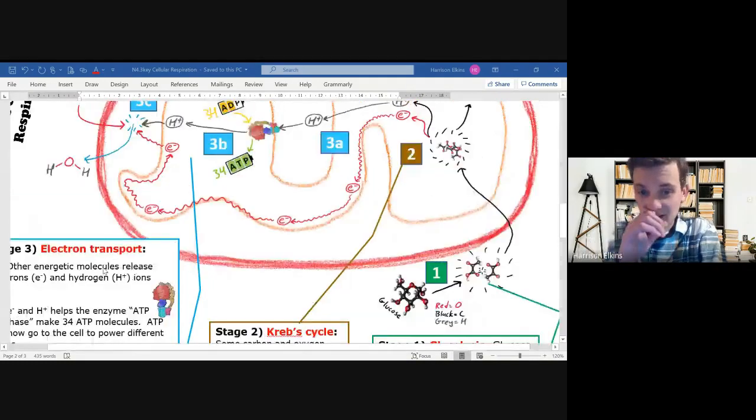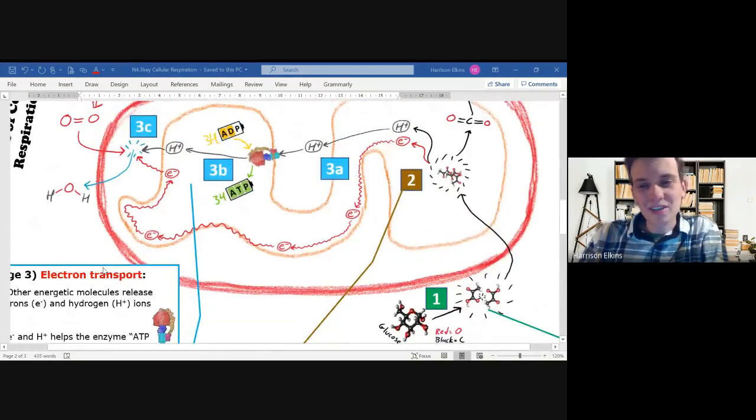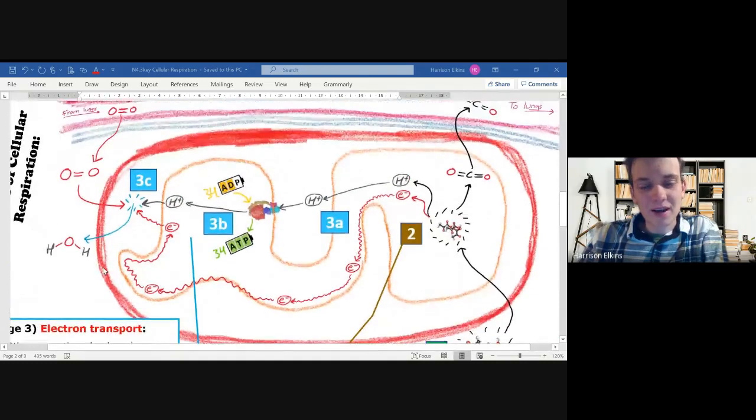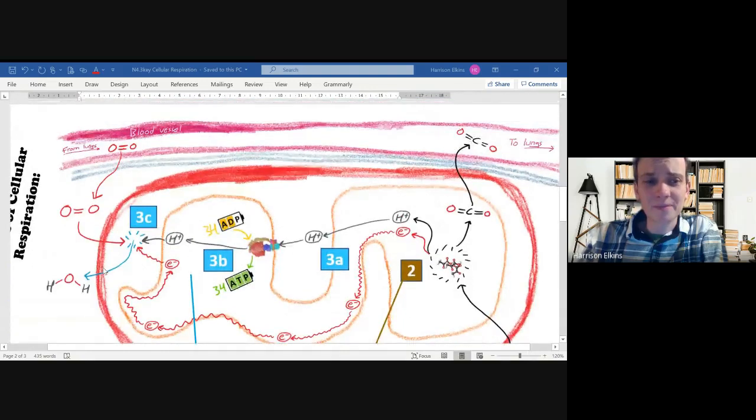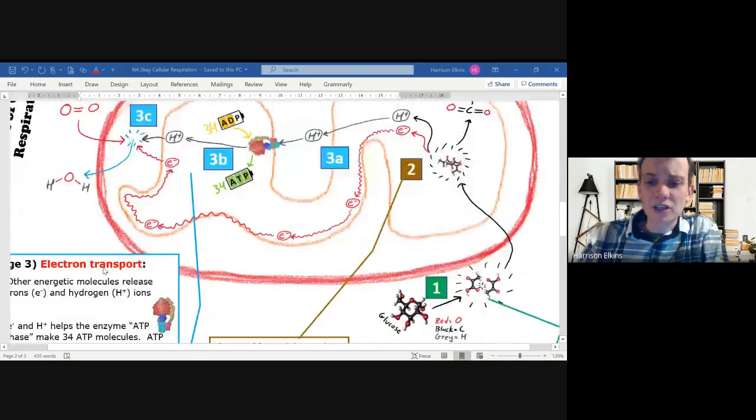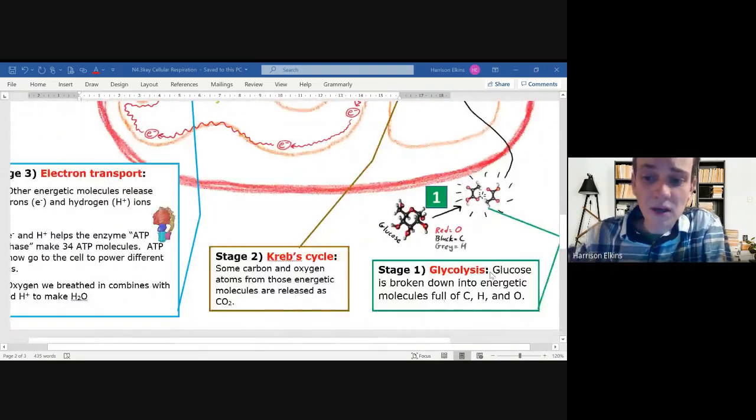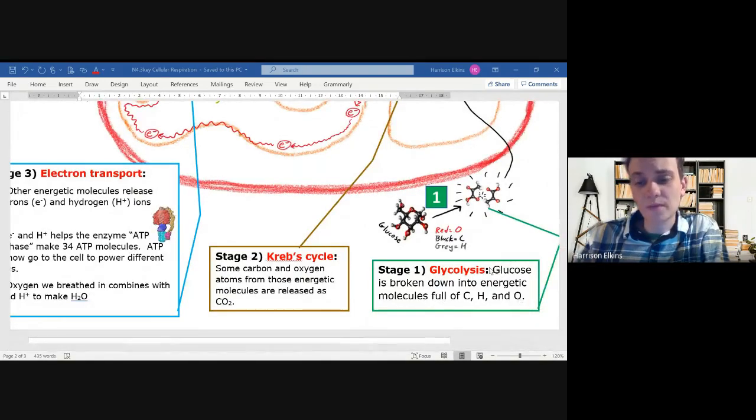I've arranged this in a strange way. Wow, this looks complicated. It's kind of similar to photosynthesis, though. It's just the opposite, right? I've made blanks for the names of these stages, and I'm just going to describe what happens in each stage.